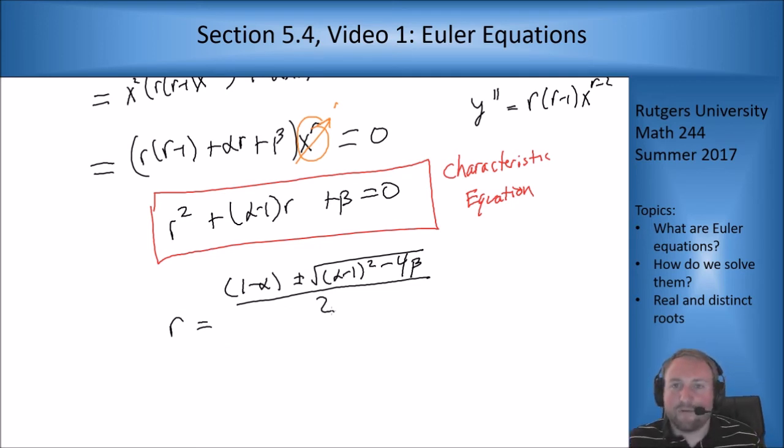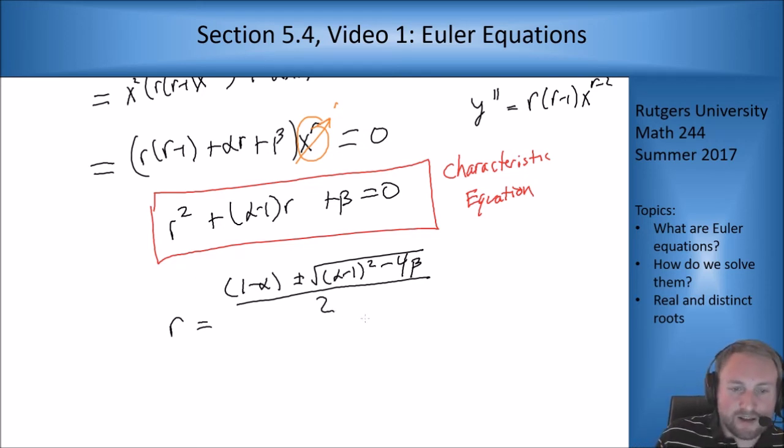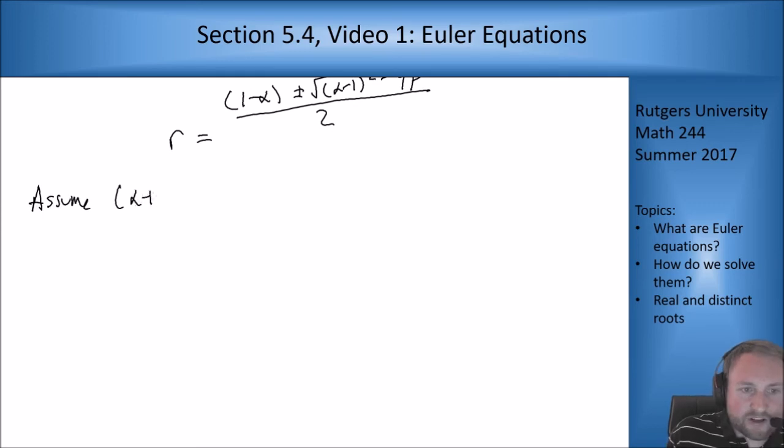And now, as we talked about in section 3.1, there are three cases for the roots of this. They are either real and distinct, they're repeated, or they are complex conjugates. So again, for this first video, we're just going to look at the real and distinct case. So assume alpha minus 1 squared minus 4 beta is strictly positive.